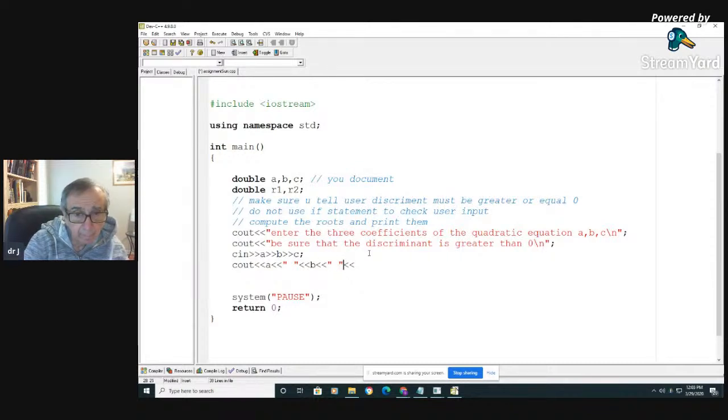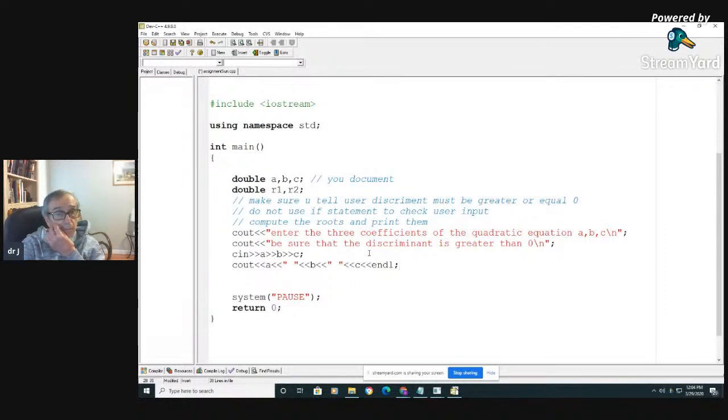Of course, if I make syntax errors, the compiler will pick it up. So you've got to be a little bit careful, but not all that careful, I guess. I'll use an endl. All right.